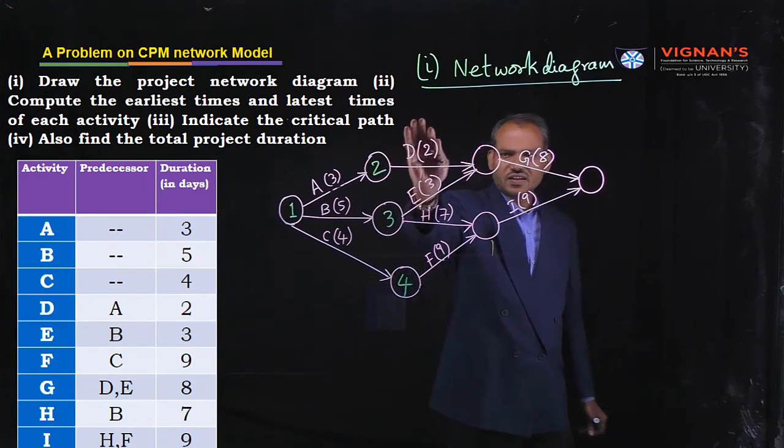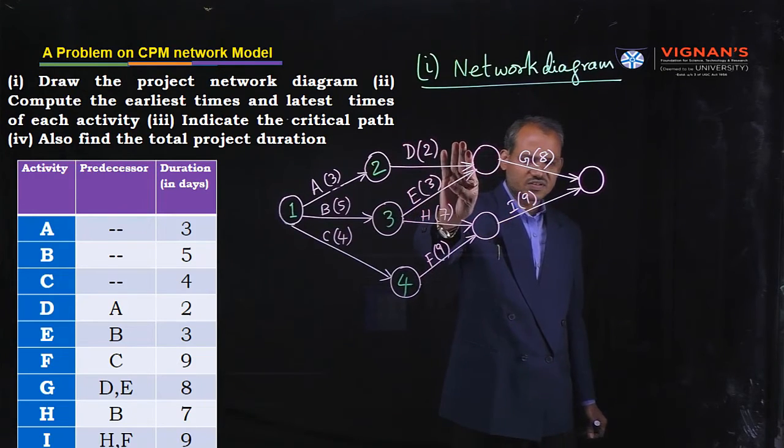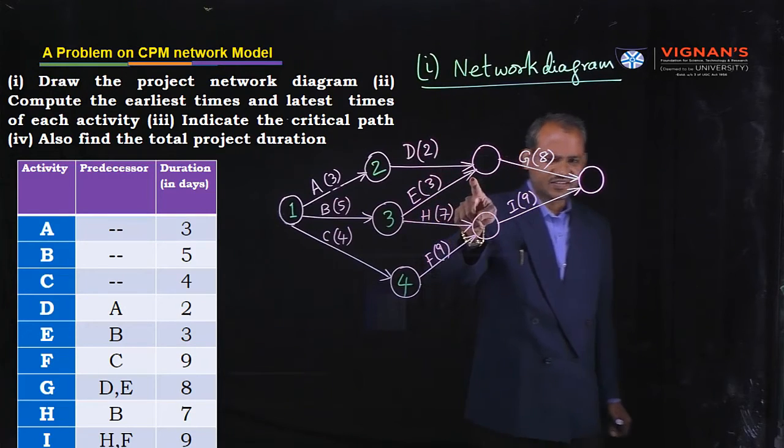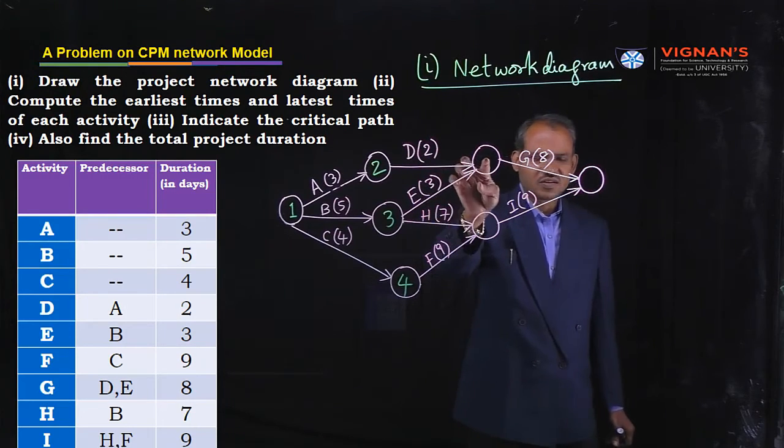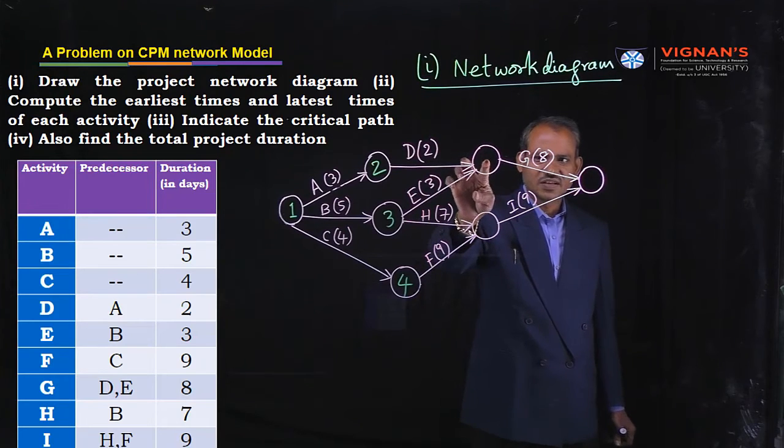First, consider this arrow, that means activity D. If we remove this, another activity is still coming, so this node will not create a new initial event.